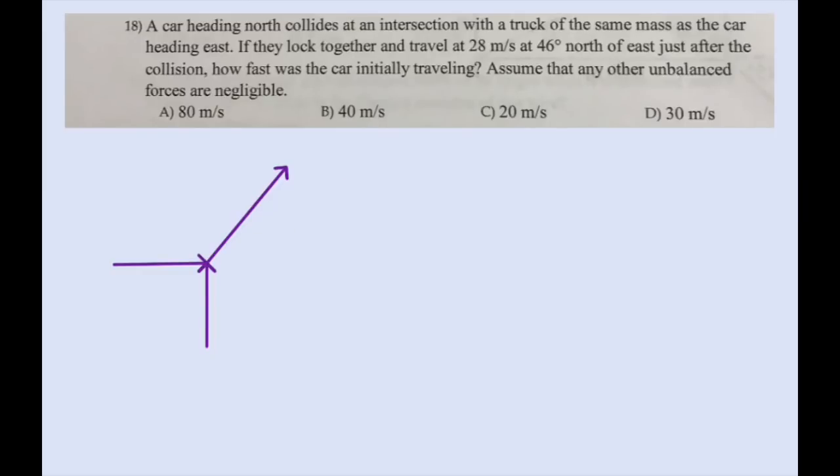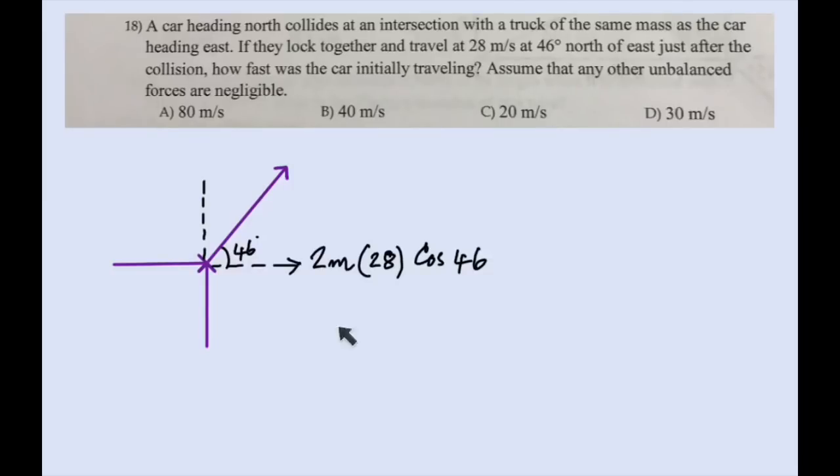So we have the final velocity and we have the total mass, so we can find the total momentum after collision. So the idea is get that momentum, resolve it into the x and the y components, and the x component should be equal to the momentum of the truck, and the y component should be equal to the momentum of the car. So here it is. This angle is 46 degrees, and know that this is 2m28 cosine 46.